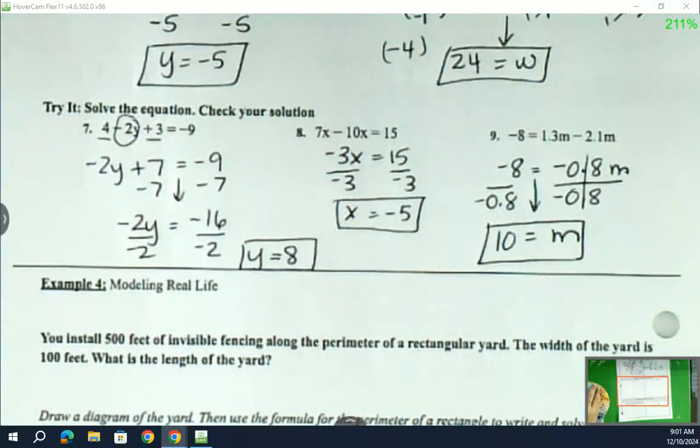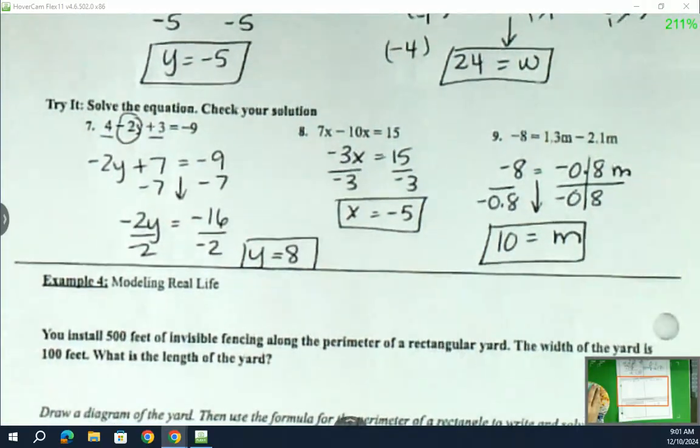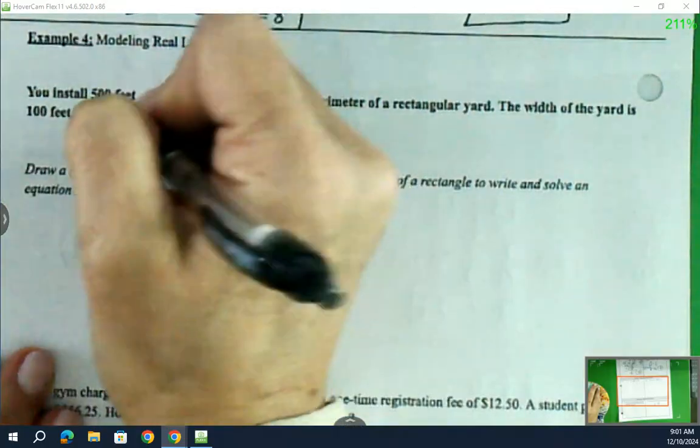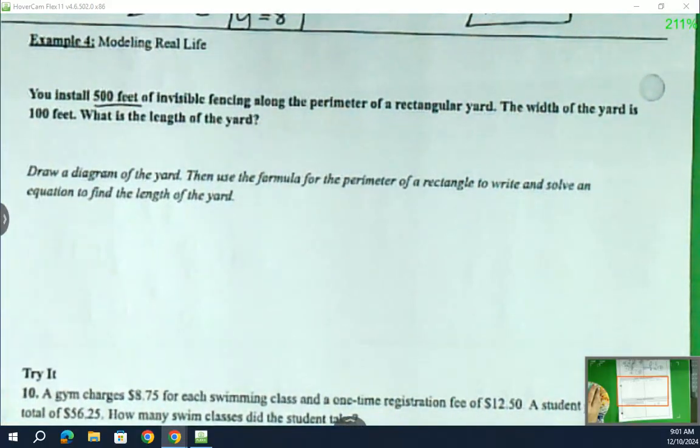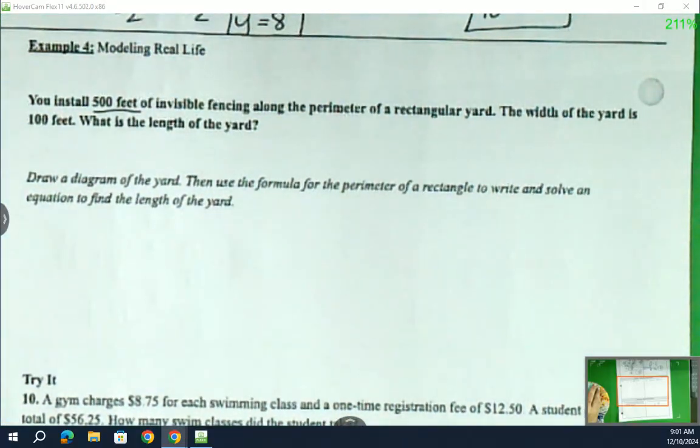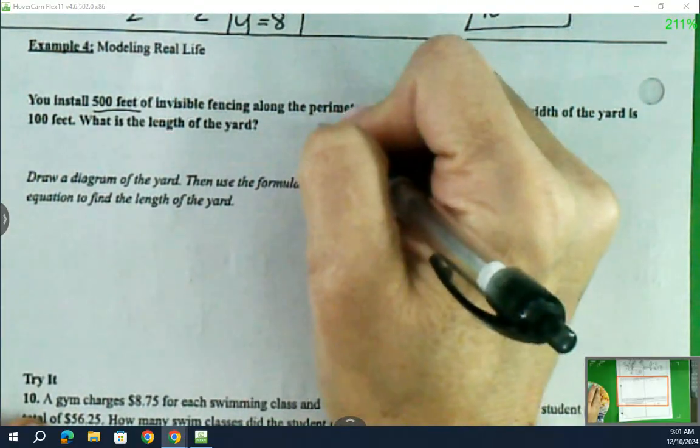Okay, and lastly, we have a word problem. You install 500 feet of invisible fencing along the perimeter of a rectangular yard. The width of the yard is 100 feet. What is the length of the yard? Okay, so let's review. Maybe draw a picture here of a rectangle.